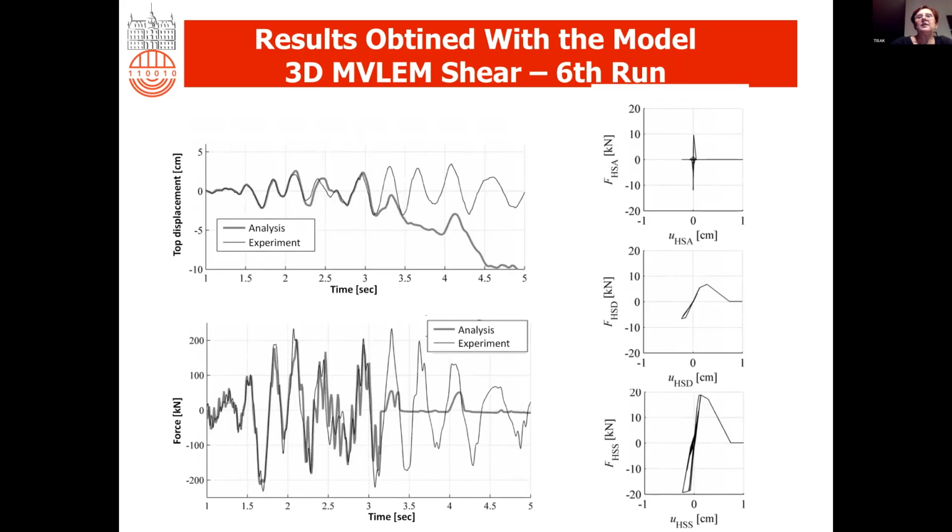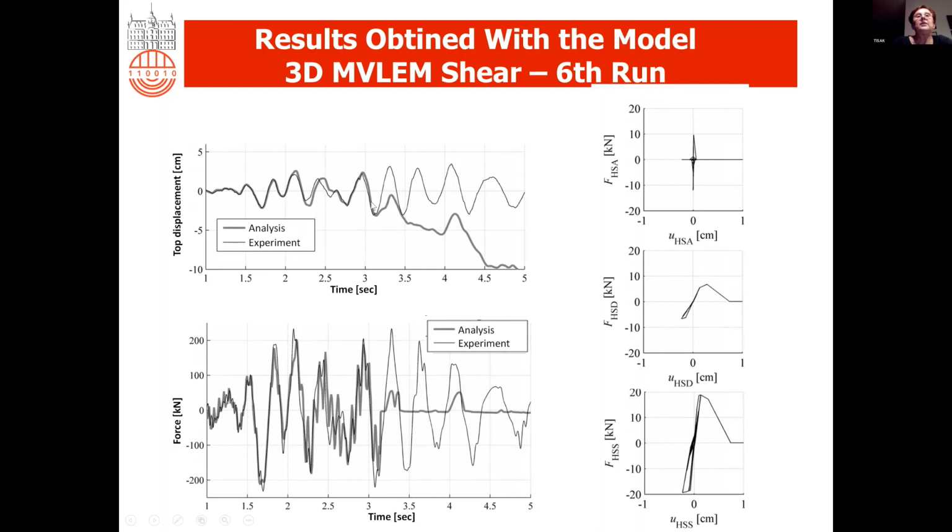In the 6th run, it changed. The aggregate interlock was totally exhausted, and the dowel and the shear reinforcement were activated. And we can see here that the shear reinforcement contributed the most to the strength.